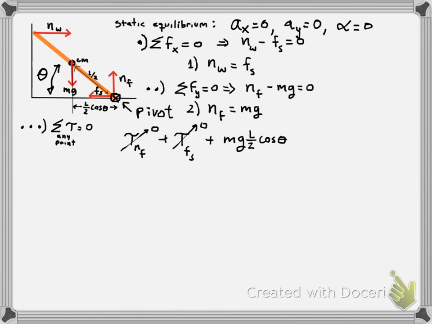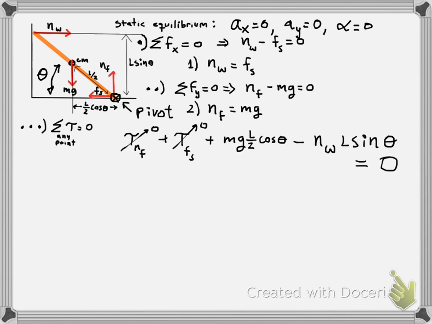And we have one more torque to go. That's the torque due to the normal with the wall. So this force is going to do a torque in this direction with respect to the pivot. The magnitude of that torque is going to be minus, it's a negative torque because it's clockwise, so it's going to be NW times L, but we need the moment arm. L is not the moment arm.